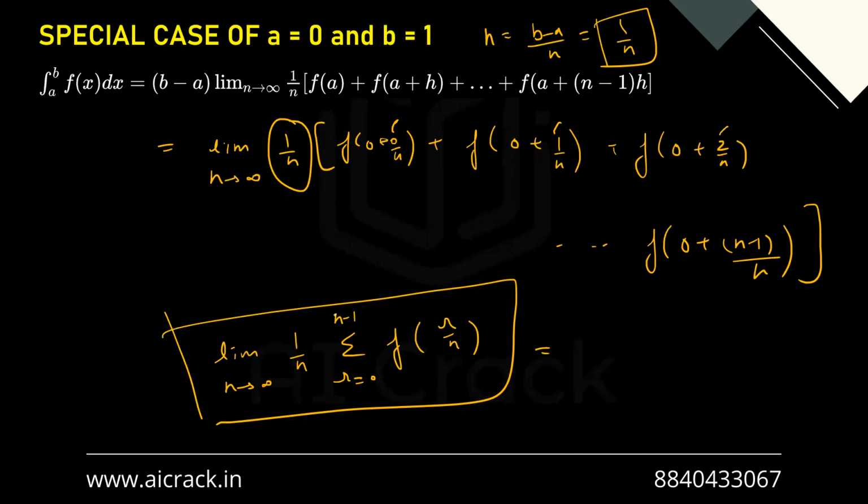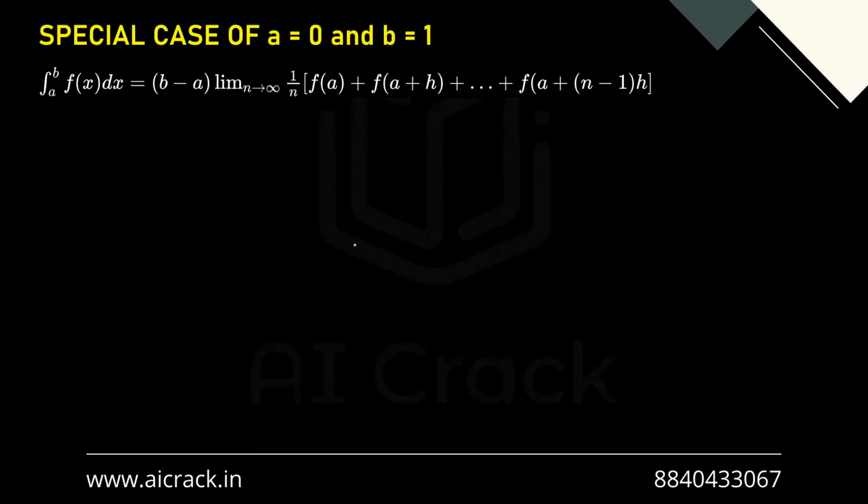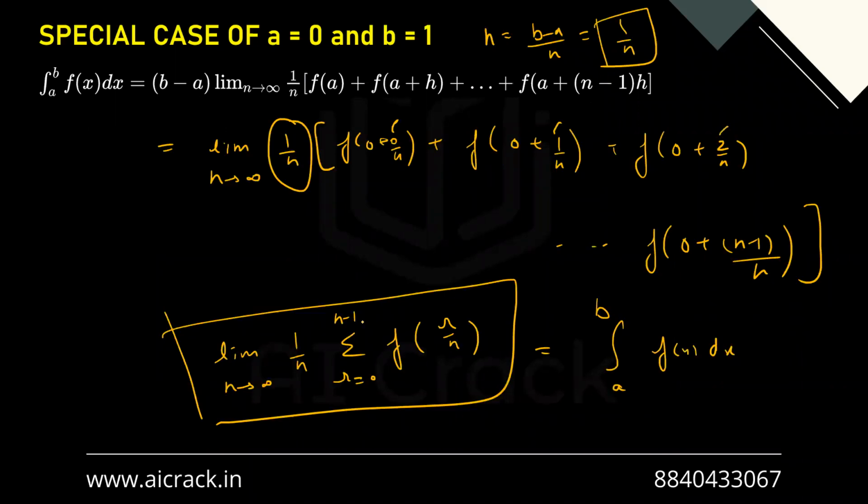So this is basically our integral a to b f(x) dx. Now the important thing to observe over here is dx is being replaced by 1 by n, x is being replaced by r by n, and these limits.